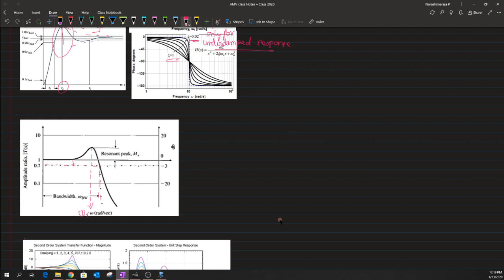So both this omega bandwidth and omega r will be different. Sometimes they may overlap, or sometimes they tend to move towards the right or left, or sometimes even this omega r will never appear. We will not go much into this discussion, and this is the type of response that we would get as a frequency response.